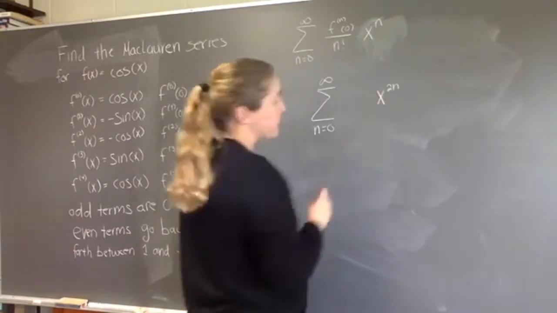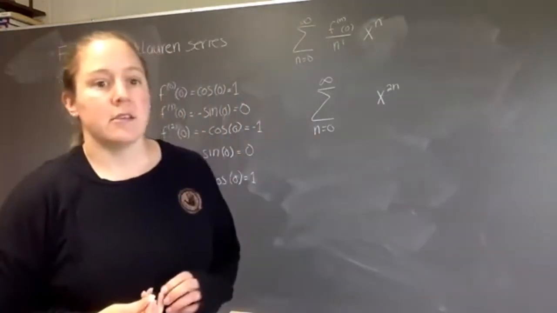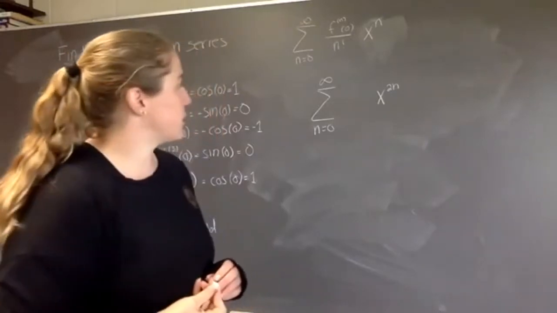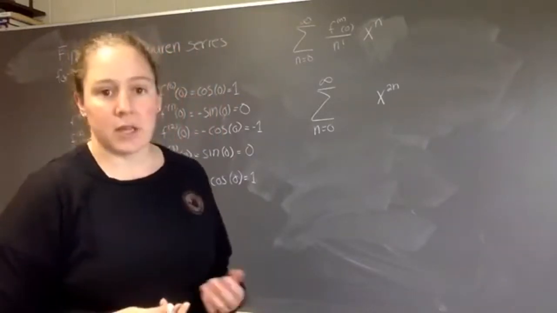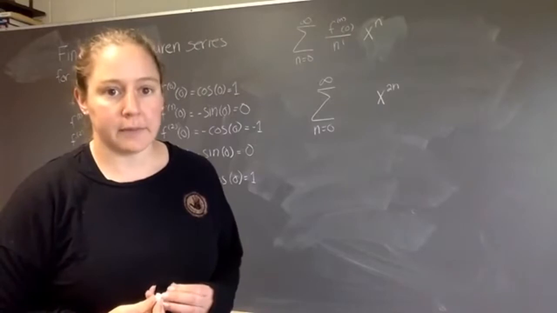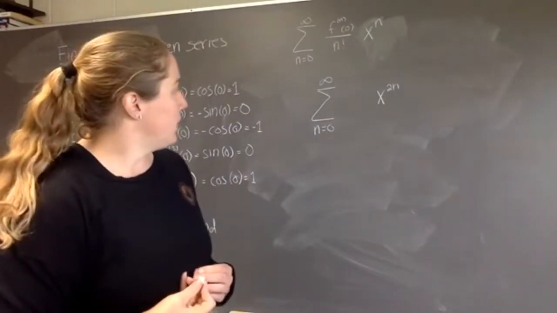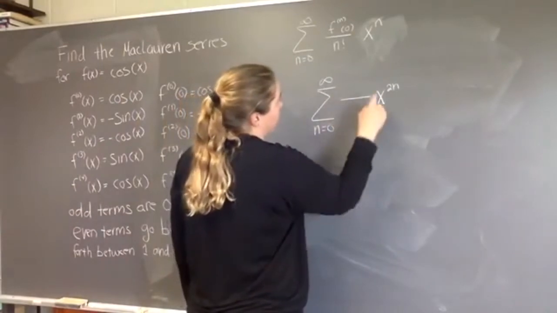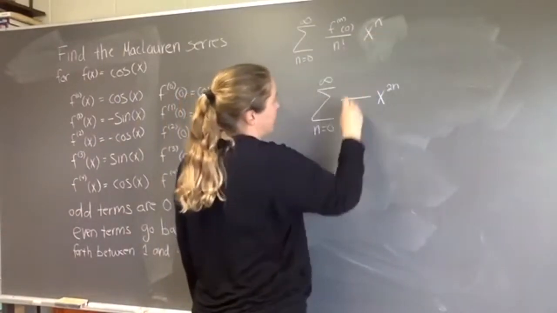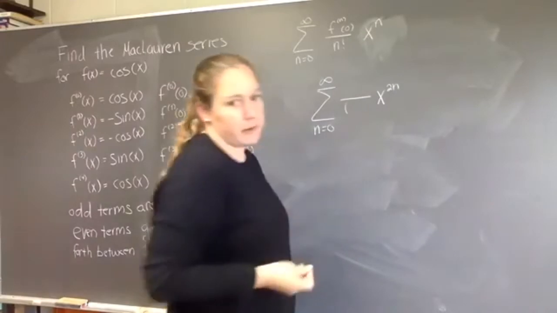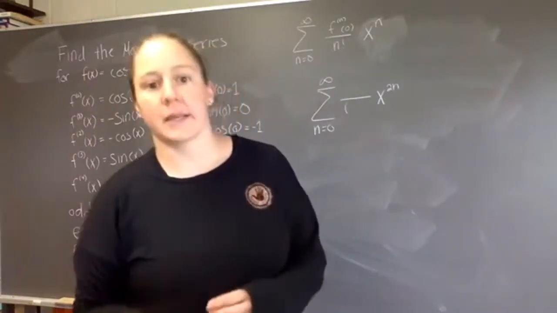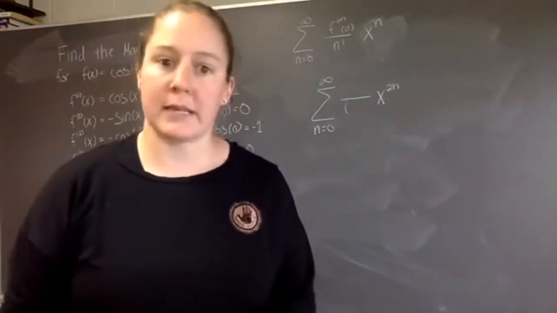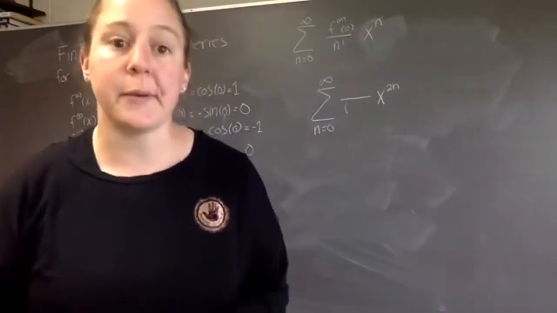So I'm putting x to the 2n because this is just going to give us the even degree terms, which is all we need. So if we look at x to the 2n, we have to make the factorial agree with the exponent. So x squared, we want it to have a 2 factorial on the bottom. x to the 6th, we want it to have a 6 factorial on the bottom, and so on.